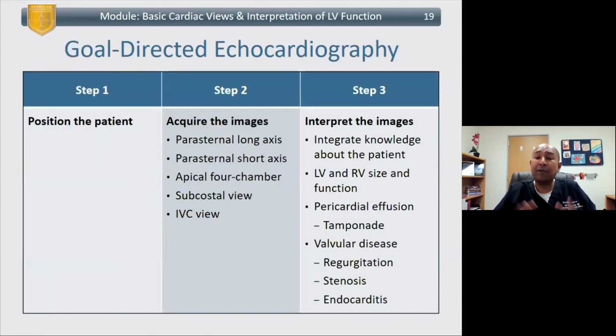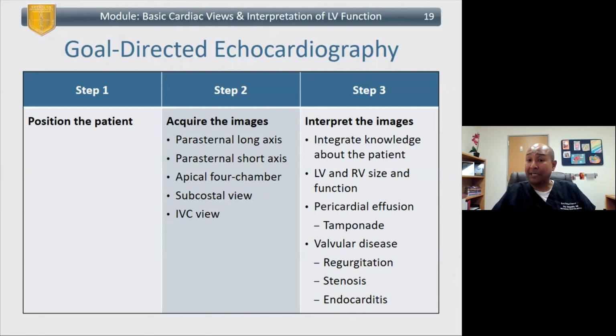So how do we break down goal-directed echocardiography? I put it into three main steps. Number one, as much as possible, try to position the patient. Number two, you've got to acquire the images. And there are 5 basic images that we're going to talk about: parasternal long axis, short axis, apical four-chamber, subcostal views, and since you're in the subcostal area already, take a look at the IVC.